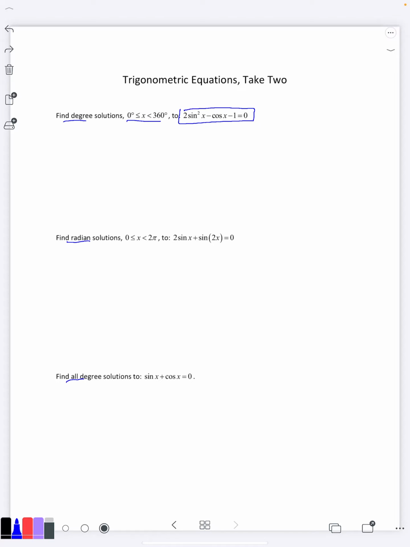However, when you have a sine squared and then a cosine, or a cosine squared and just a sine, we can use our standard Pythagorean identity to convert from one to the other and get it down to a single trig function. So here, we're going to turn the sine squared x into 1 minus cosine squared x.